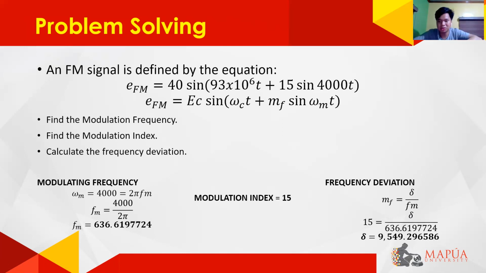The frequency deviation is what we need to find. We have the modulation index m_f, which is 15, and we have the modulating frequency, which is 636.6197. By simple algebra and isolating the frequency deviation, the value we come up with is 9549.296586.